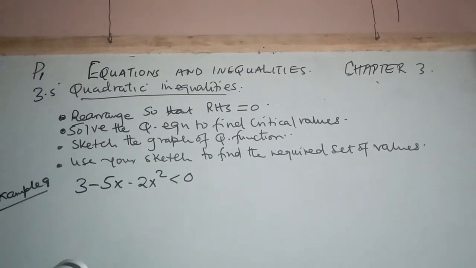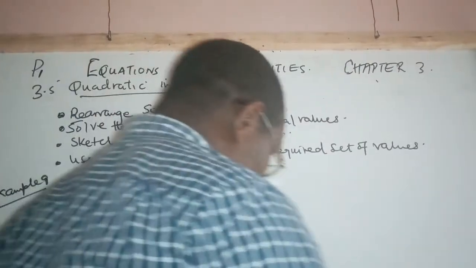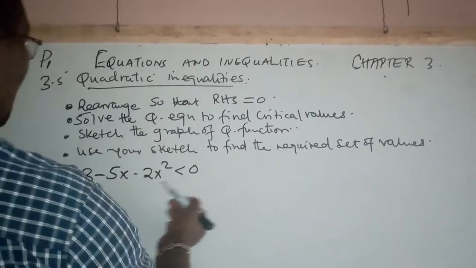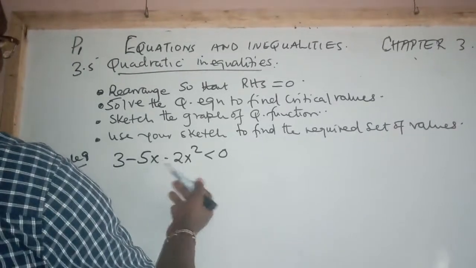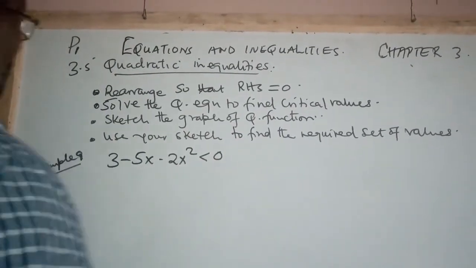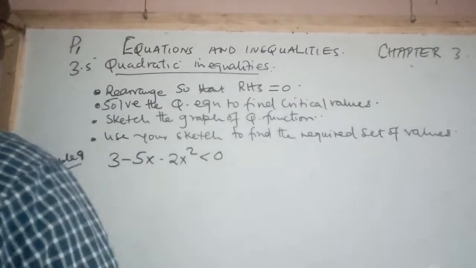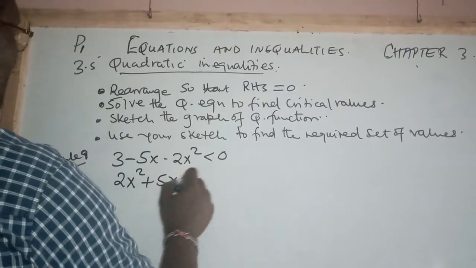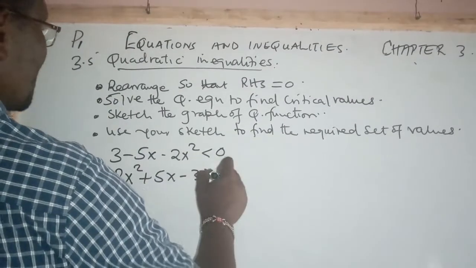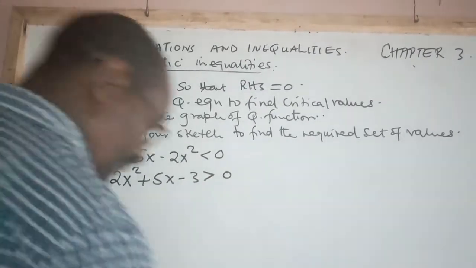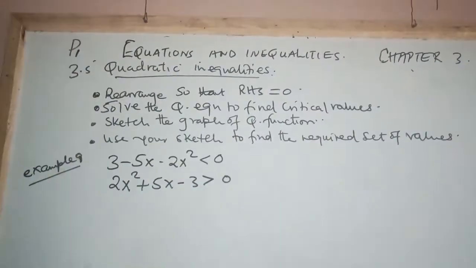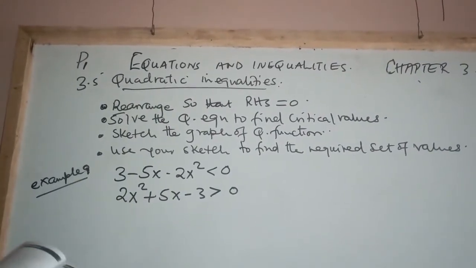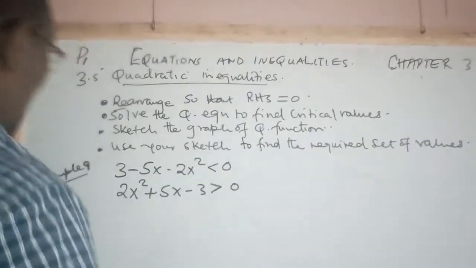The one thing that we should always know is that we may decide to work with it that way, or we may decide, since a is negative, to take everything to the right-hand side and have 2x squared plus 5x minus 3 is greater than 0. That way, we are dealing with something that we are aware of.